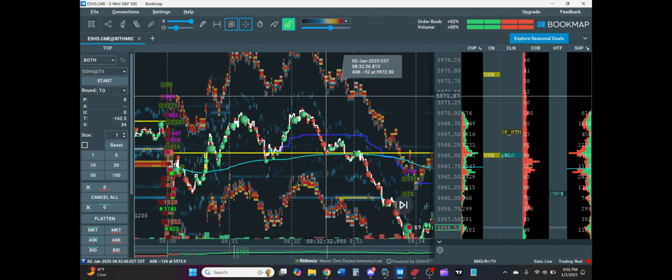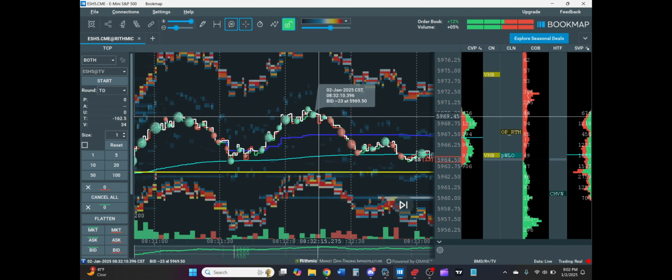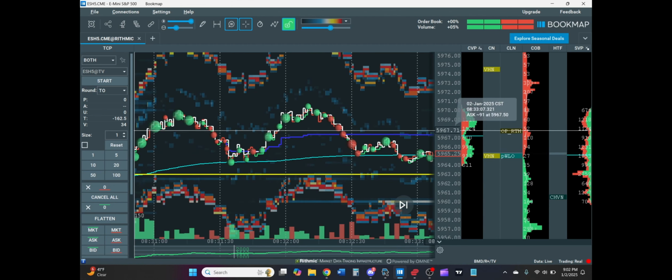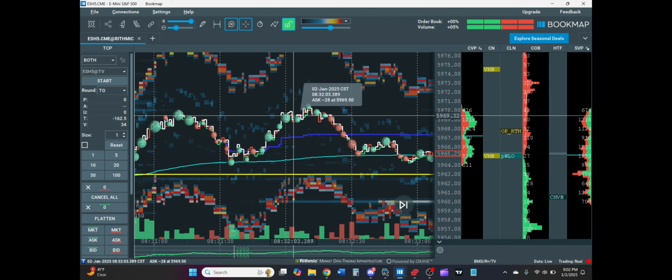Now you'd think we'd break above, but if you're looking for a short, we kind of zoom into the microstructure. This is quick. You've got to be finger on the hotkeys right here if you're wanting to short this.